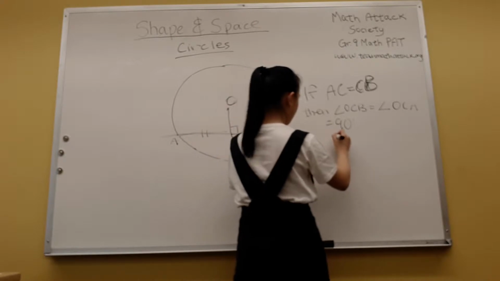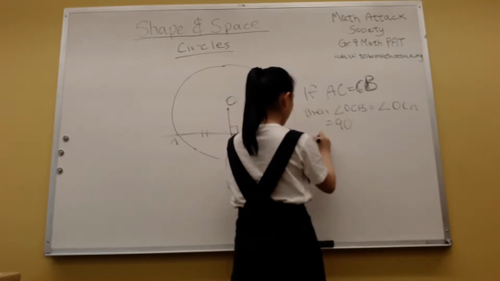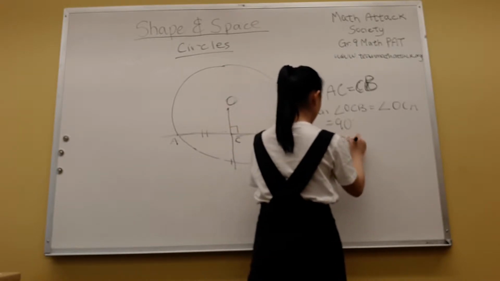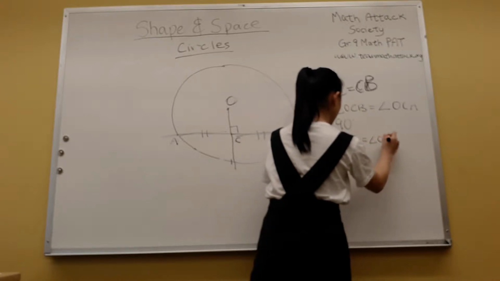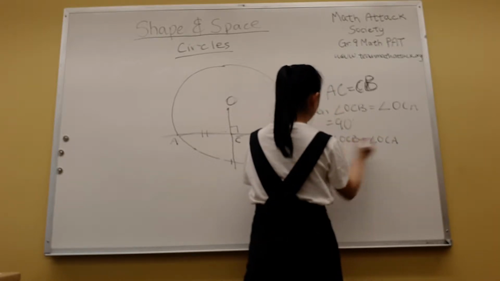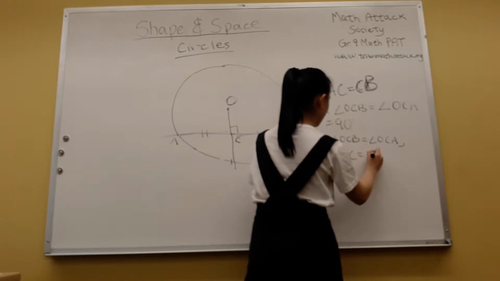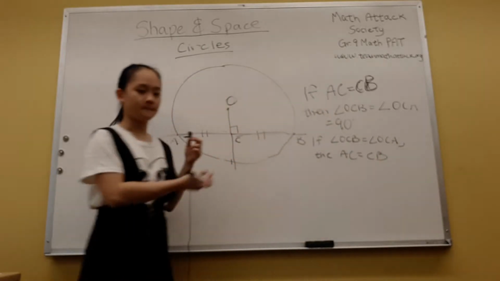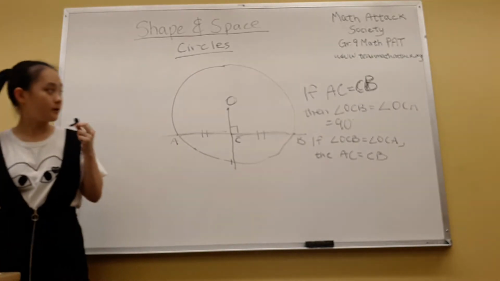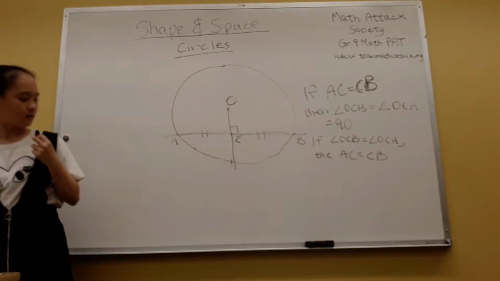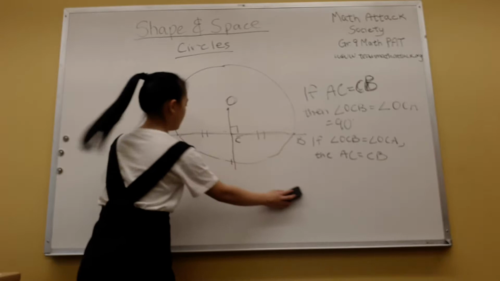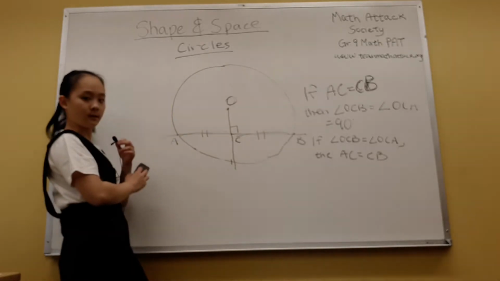Vice versa, if angle OCB equals angle OCA, we know that then AC equals CB. Right there. So let's do a practice problem discussing this idea.